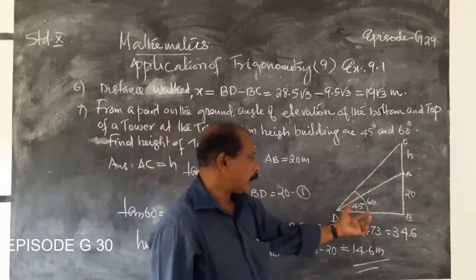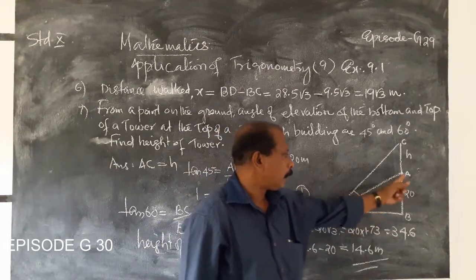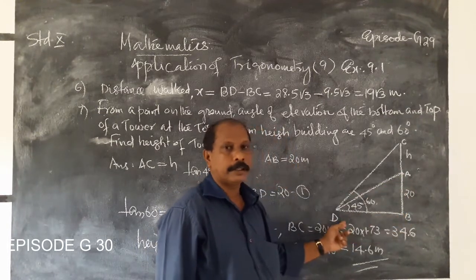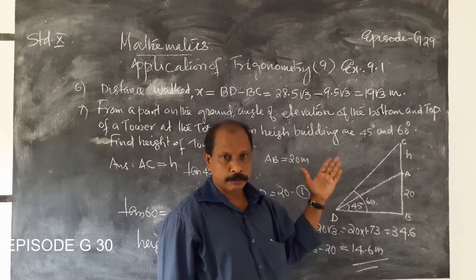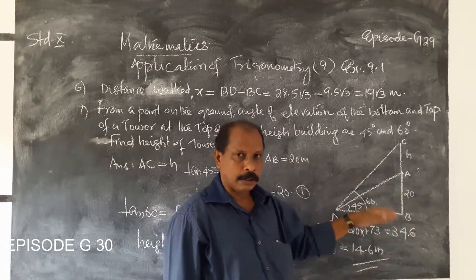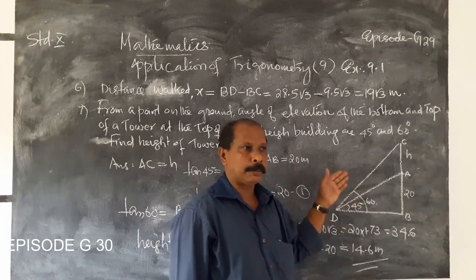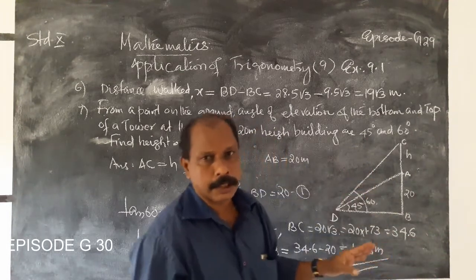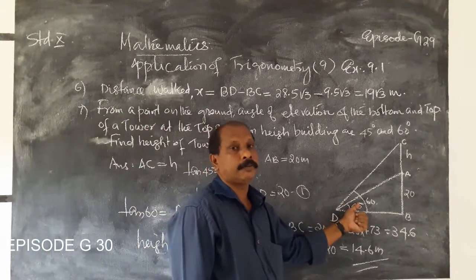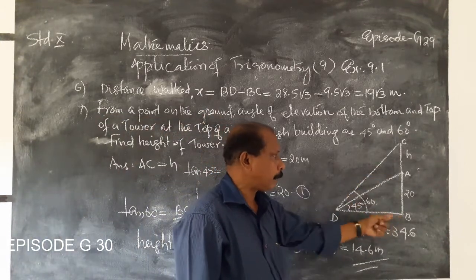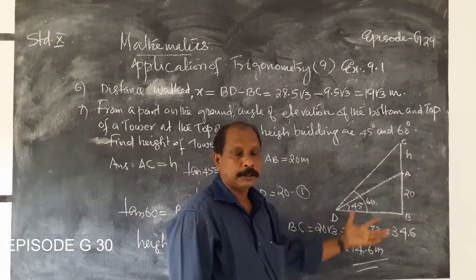Listen, using the angle 45 degree, AB 20, BD is the adjacent side. Therefore, tan 45 is equal to AB by BD. Tan 45 is 1, AB is 20, 1 is equal to 20 by BD, cross multiplication BD is equal to 20. That means they are equal. Using the second triangle, the angle is 60 degree, therefore tan 60 is equal to opposite side by adjacent side, that is BC by BD.